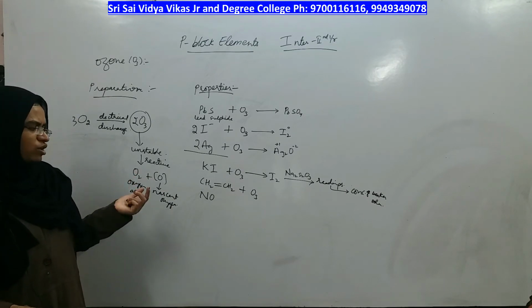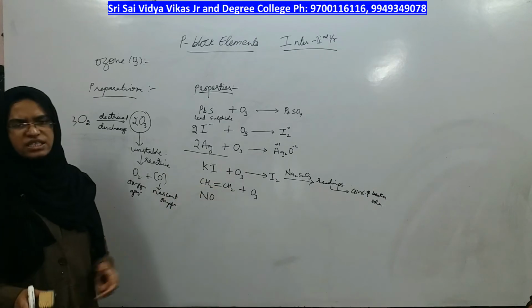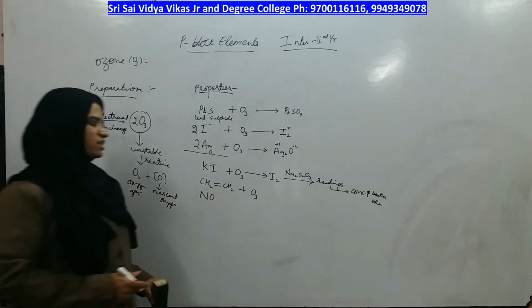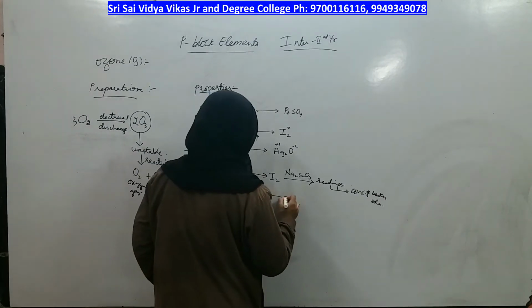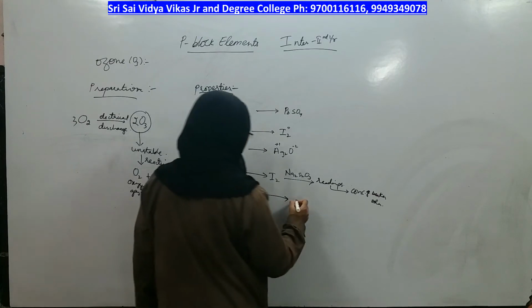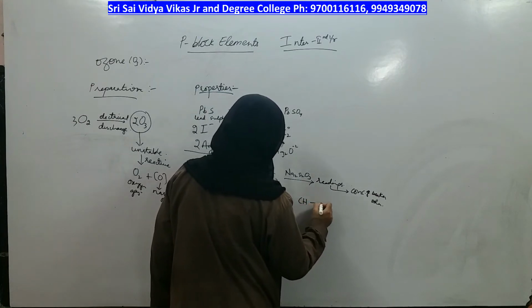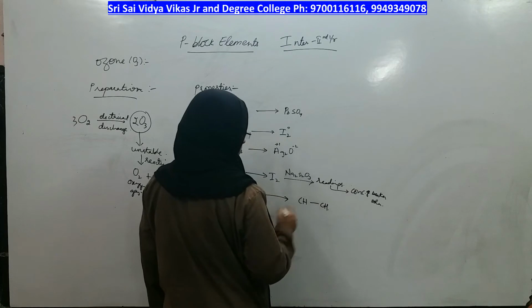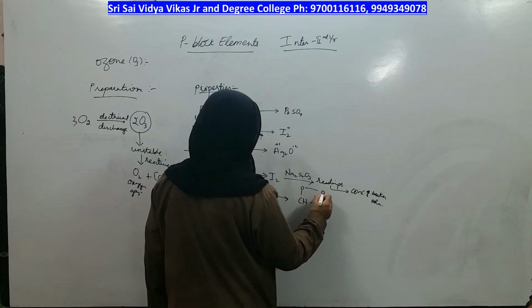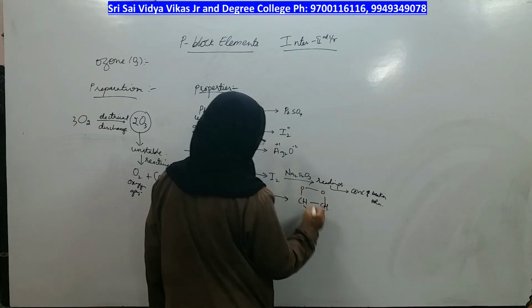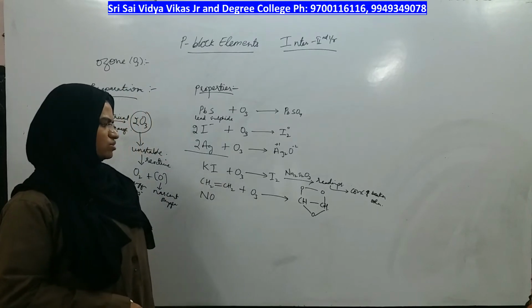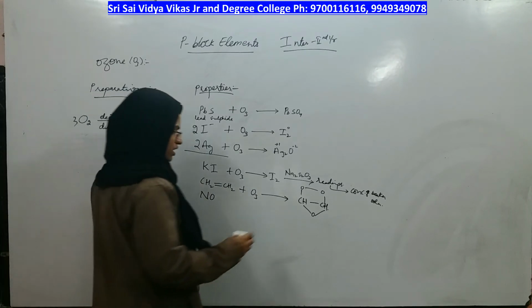What is an example of an organic compound I can take? Ethylene or ethene. When ethene reacts with ozone, you get the ozonide of that ethene. How? This way. This is called ethylene ozonide.